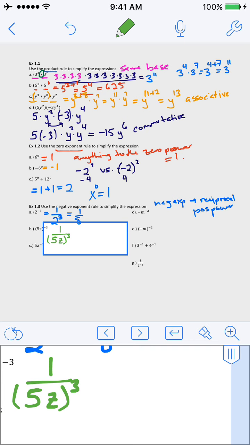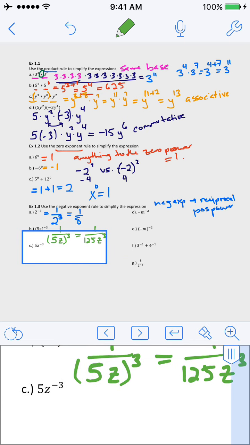And then, yes, we can simplify this: 1 over 125 z cubed. We'll talk a little bit more about how that works in the distribution rule, but that is essentially the case. You've got this whole thing in the parentheses, so the whole thing goes to the bottom. Let's compare that now to C, where the 5 is not in the parentheses. In fact, there are no parentheses. So what does that mean? How is this going to differ? What do you think?